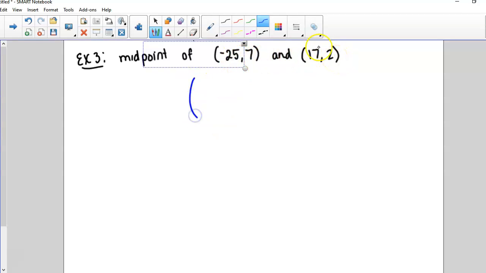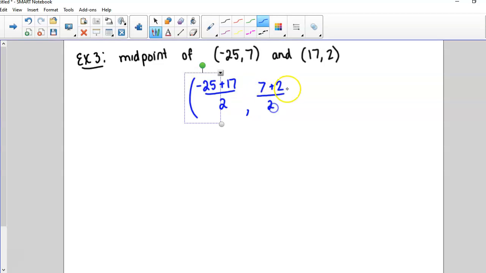So for our x's, we're going to have negative 25 plus 17 divided by 2. Remember, adding right here, not subtracting. And then 7 plus 2 for our y's, divided by 2. And so negative 25 plus 17 is going to give you negative 8 divided by 2, and negative 8 divided by 2 is negative 4.